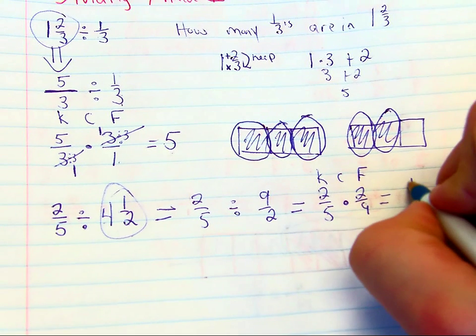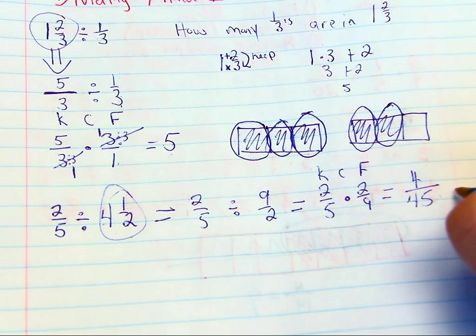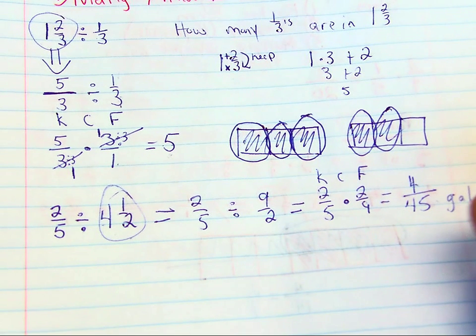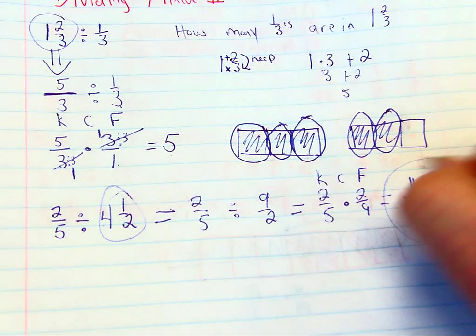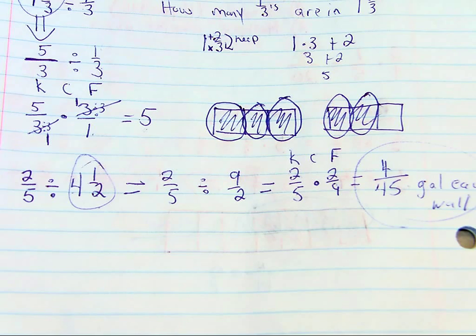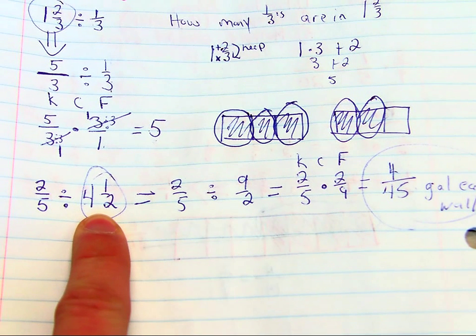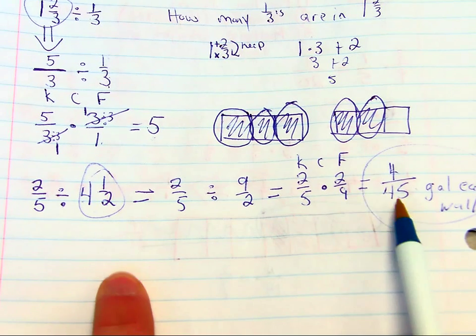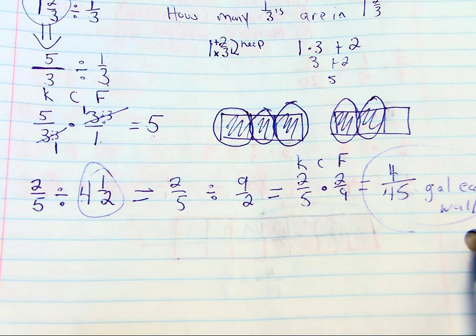Then I'm going to multiply it out for 4/45 of a gallon for each wall. So if I had 2/5 of a gallon of paint and I need to split it between 4 1/2 walls, we would get 4/45 gallons for each wall.